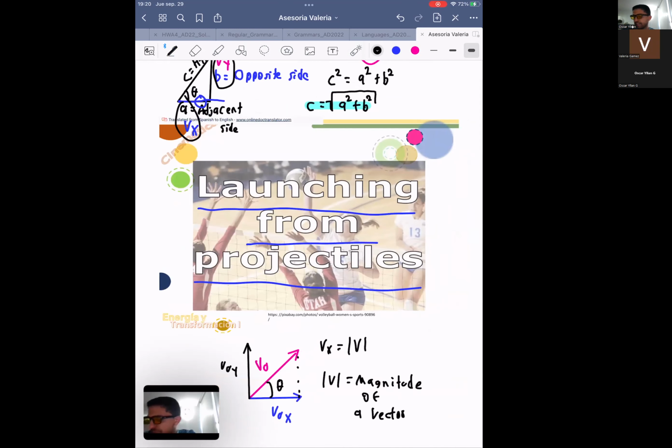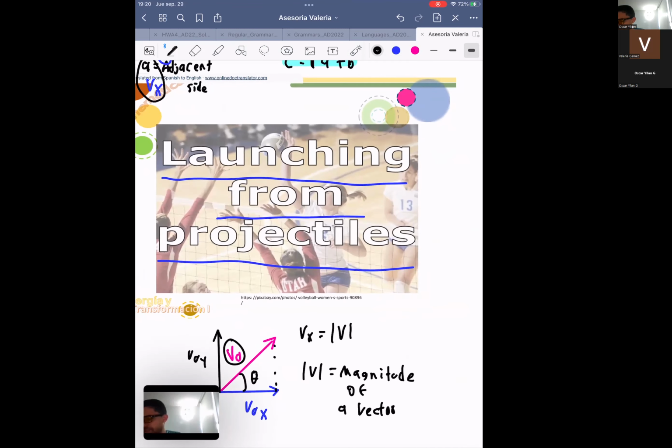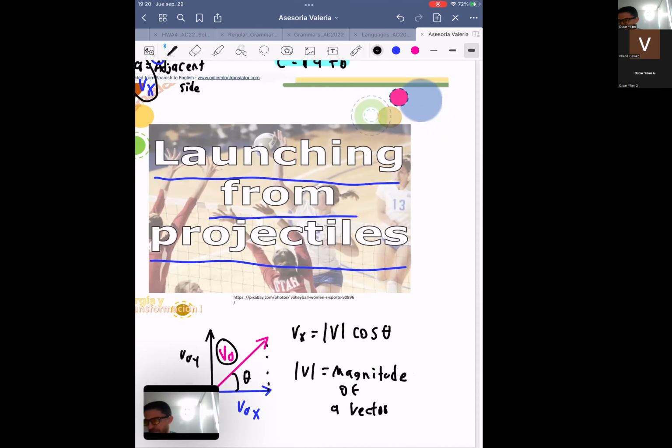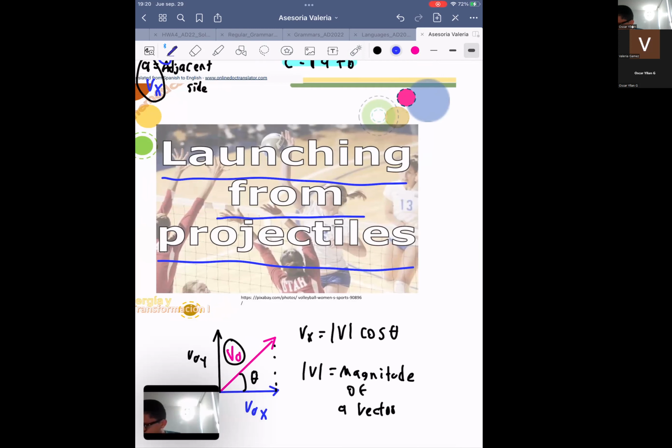But if we have the magnitude and want to get the components, we apply the property, if you remember, of the cosine of the angle. Cosine of the angle is defined as the adjacent side over the hypotenuse.